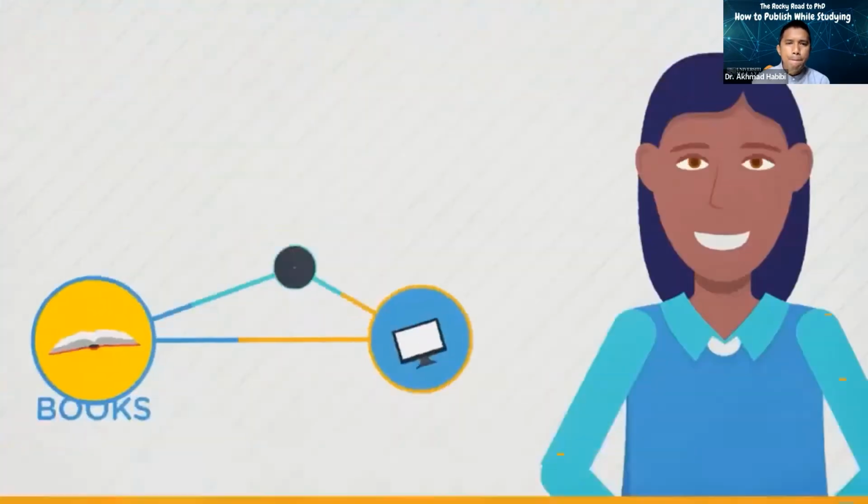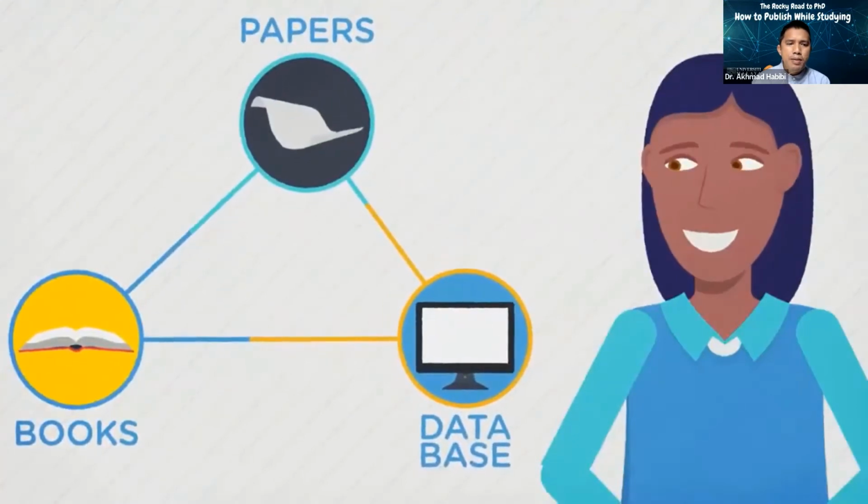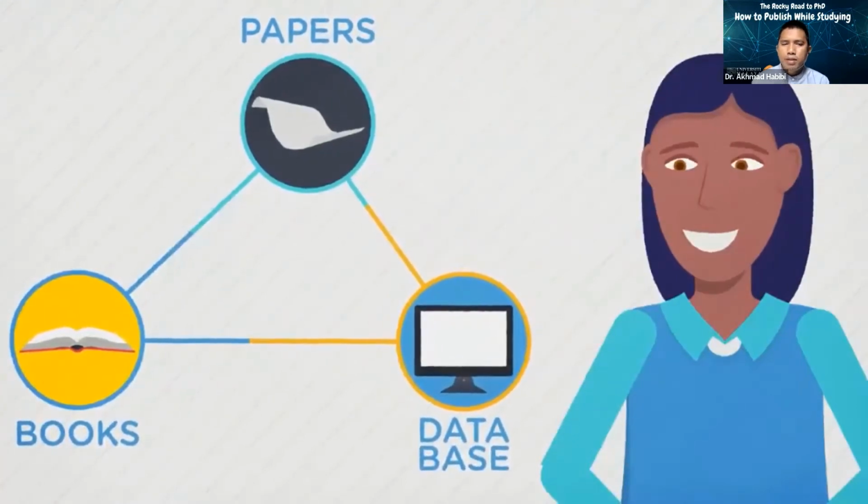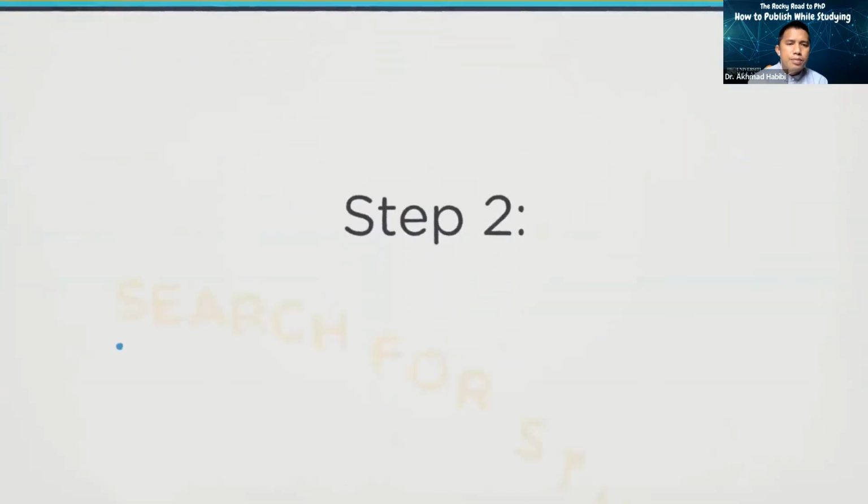Take a quick look at the available evidence to make sure there's enough research to address your question. Then, craft a question that's clear and specific enough to help you decide what kind of studies should and shouldn't be included in your search. Once you've prepared your topic, you can go on to step 2, search for studies.